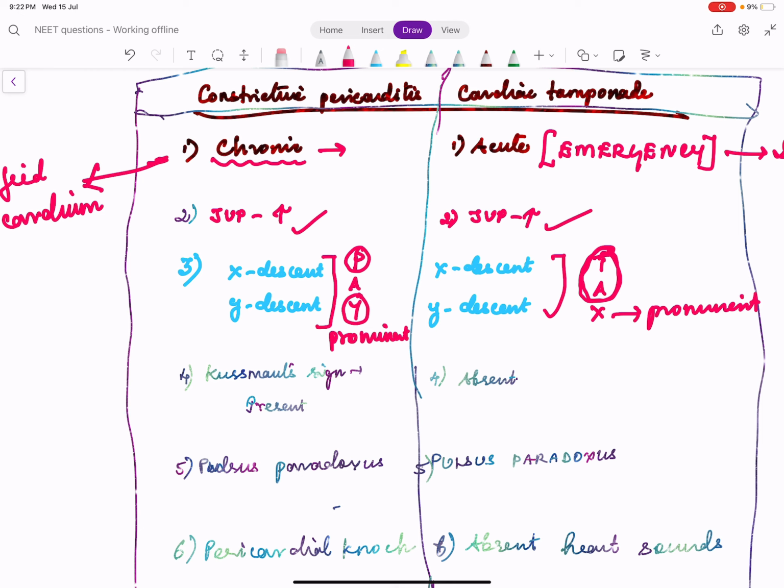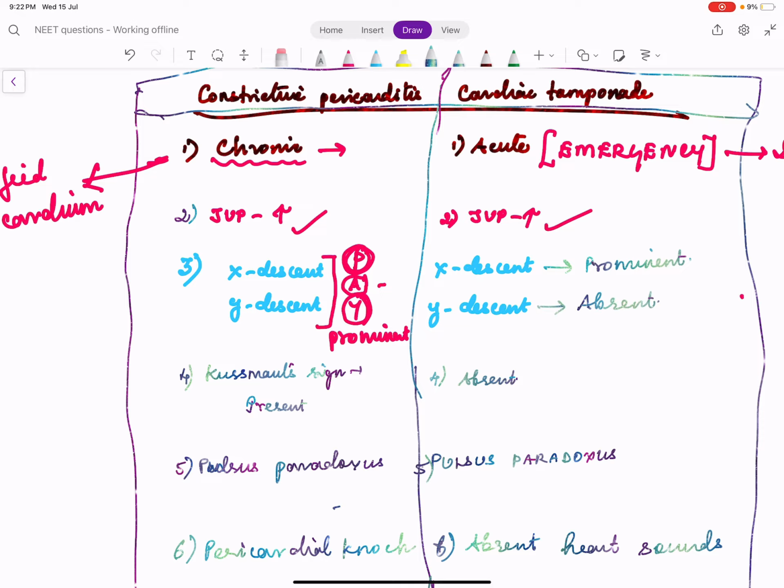In tamponade, only X descent is prominent. So what is the opposite of prominent? In tamponade, Y descent is absent here.